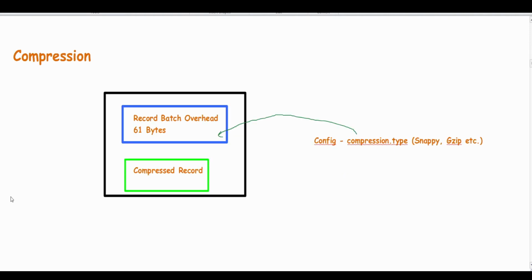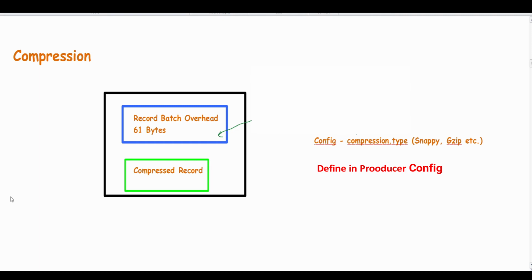The second method is called compression. You can apply compression even on top of lingering. As we understood, in lingering we are allowing the producer to wait for some time so that more records can be clubbed as a batch and then sent over to the Kafka broker.